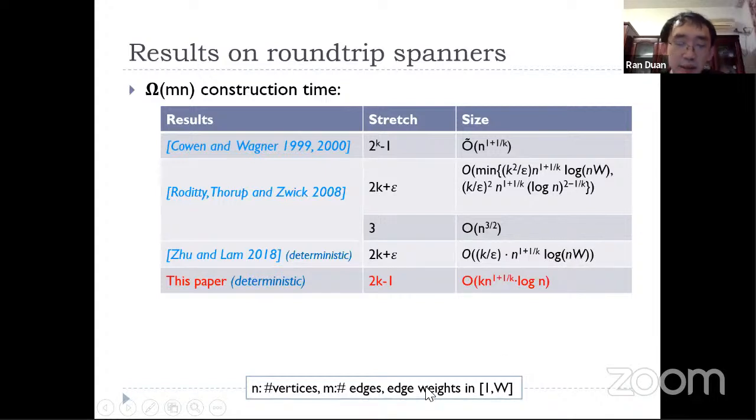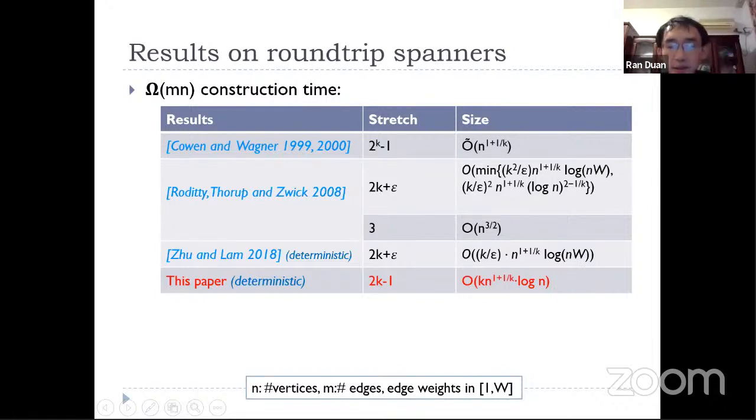Here, W means that we assume all the edge weights are real numbers between 1 and W. Previously there was also a strongly polynomial size that doesn't depend on W. In this paper, we improve the stretch to 2k-1, and the size is also k times n^(1+1/k) times log n. So it can also be independent of W.